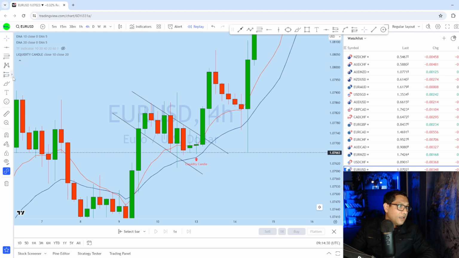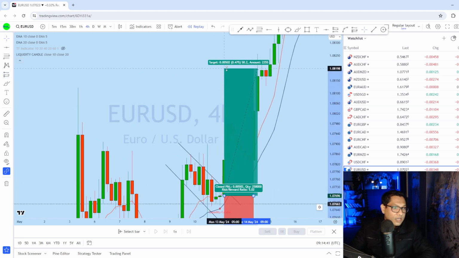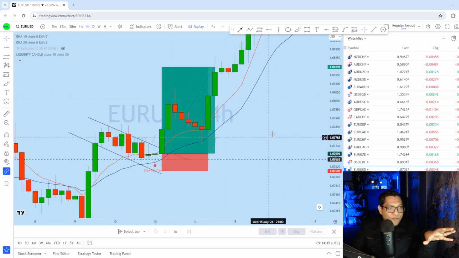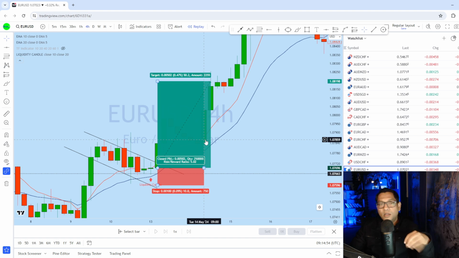If you look at the doji, if the stop loss is here, it can give you an incredibly high reward to risk, even 5-1, which is easily possible to achieve from this trade. This is how you can understand liquidity as well as the liquidity candle to trade the market in the major direction of the trend and liquidity.